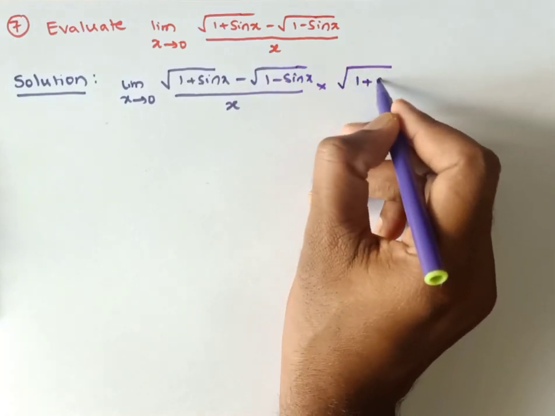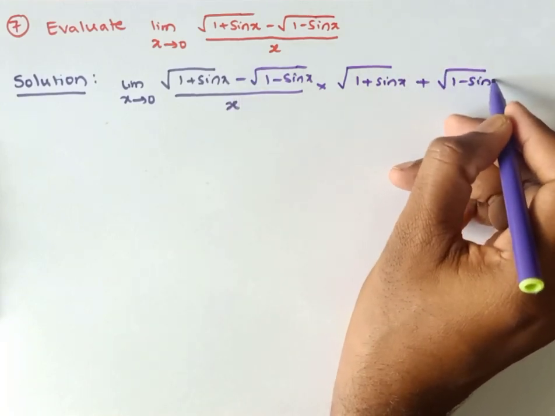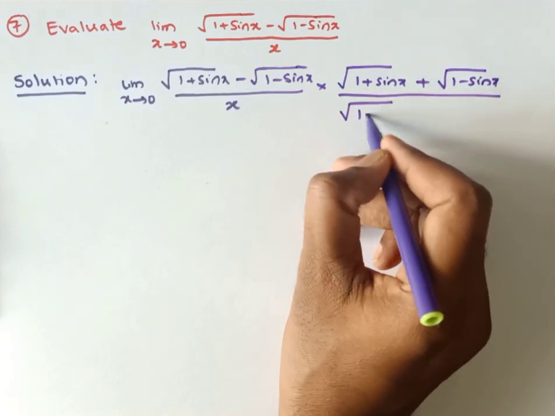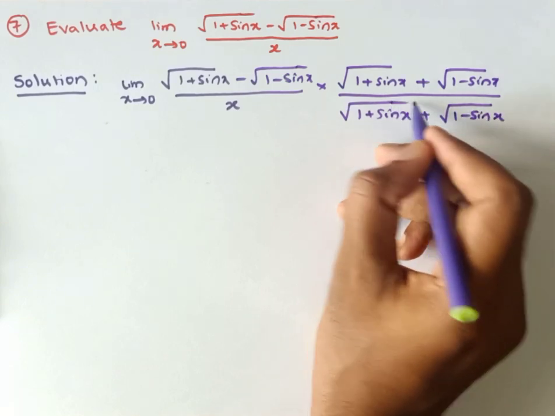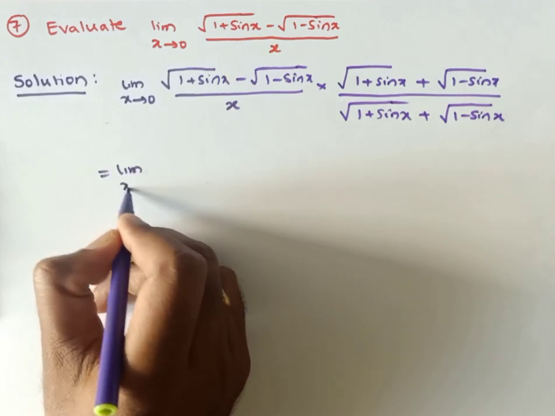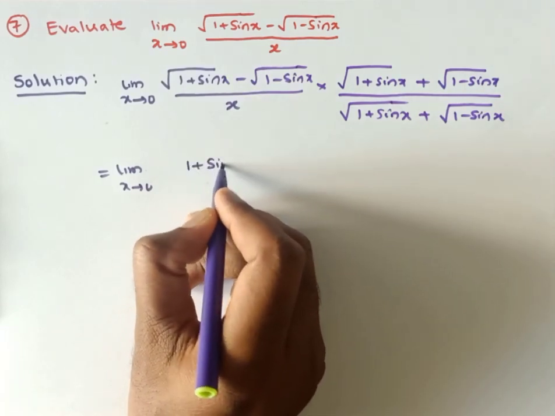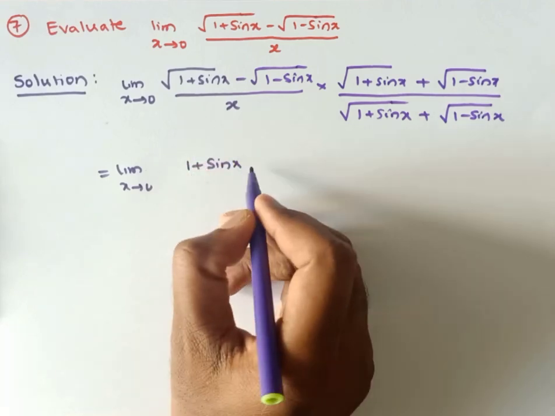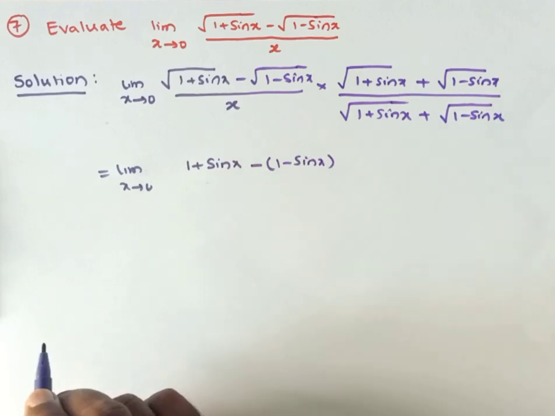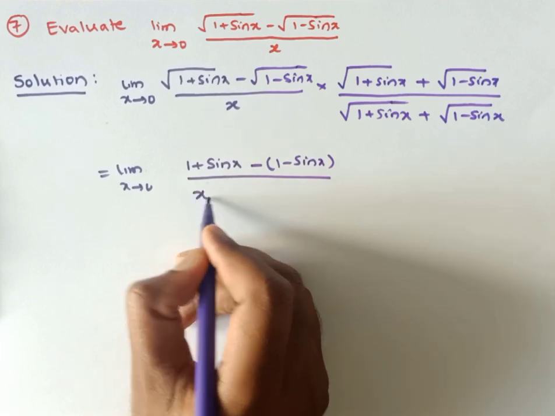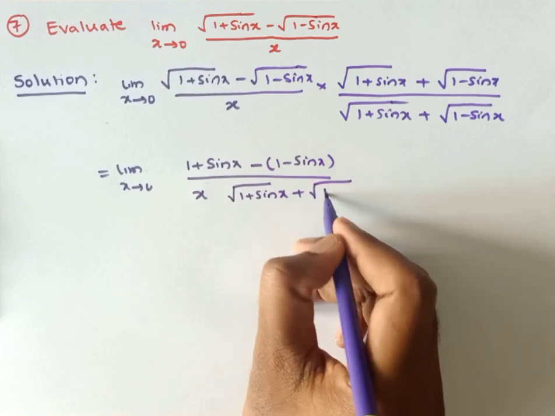So we multiply by root of 1 plus sin x plus root of 1 minus sin x, over the same. Now you can observe the numerator part, limit x tends to 0, it is (a minus b) into (a plus b), so it is root of 1 plus sin x whole square, and the square root gets cancelled, minus root of 1 minus sin x whole square, this is 1 minus sin x only, divided by x into root of 1 plus sin x plus root of 1 minus sin x.